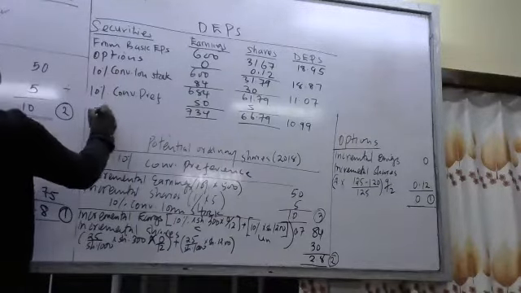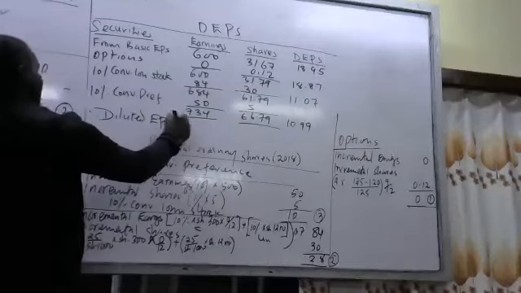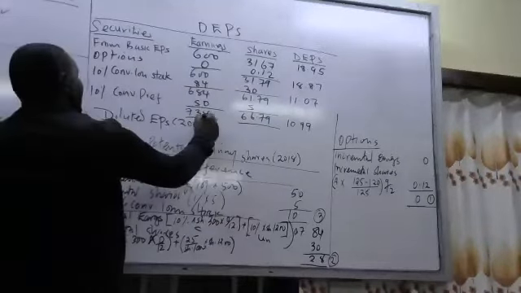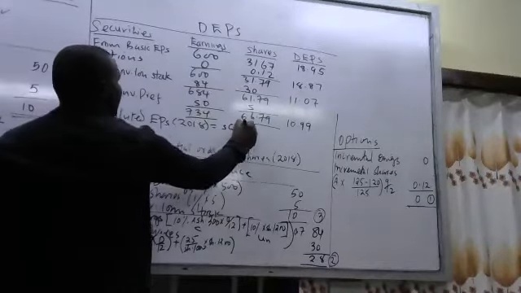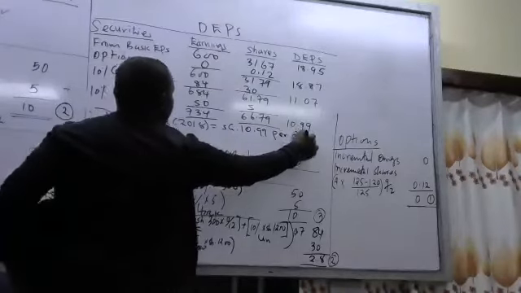Therefore, diluted EPS 2018 is shillings 10.99 per share.